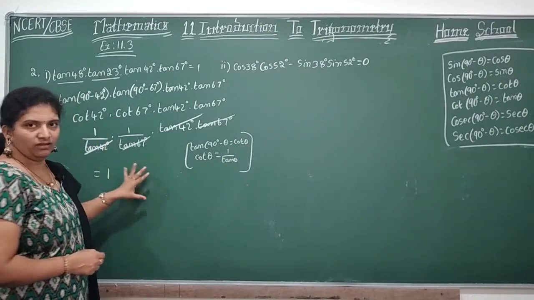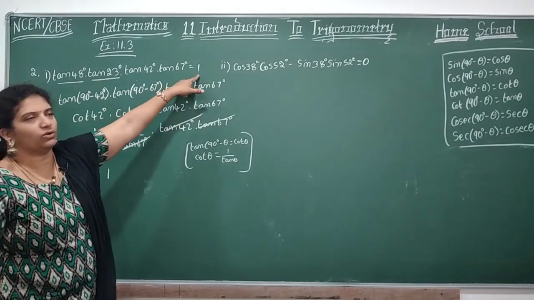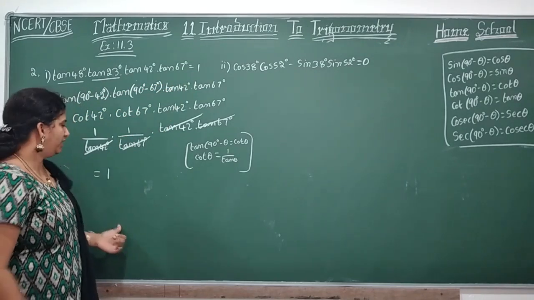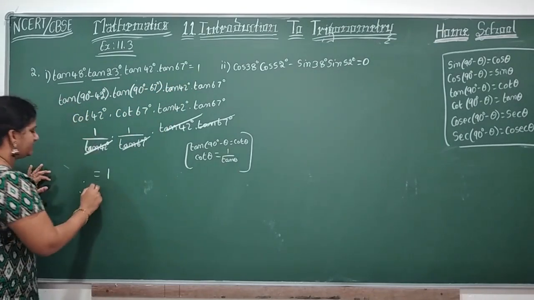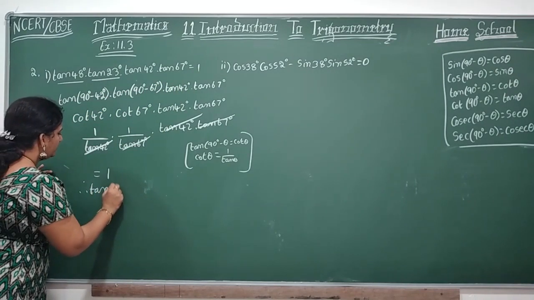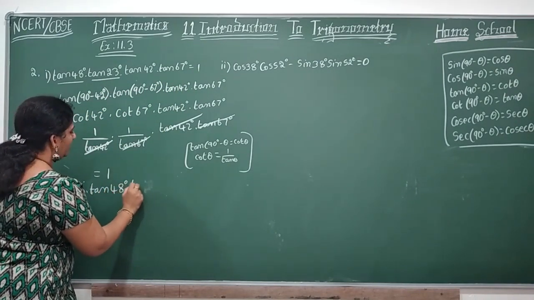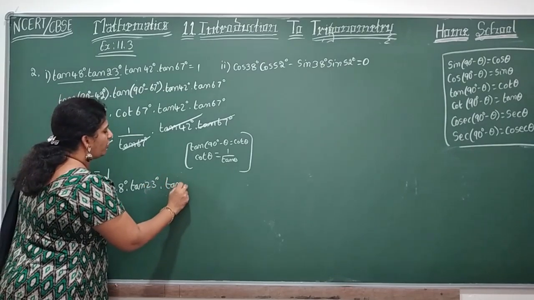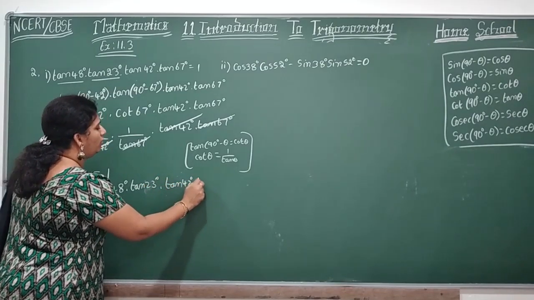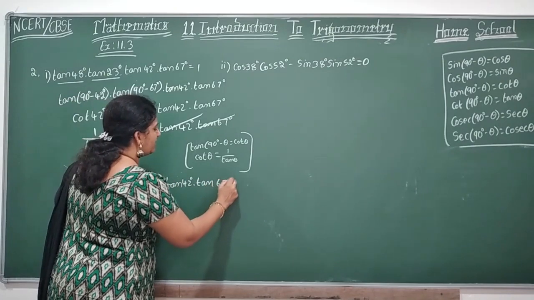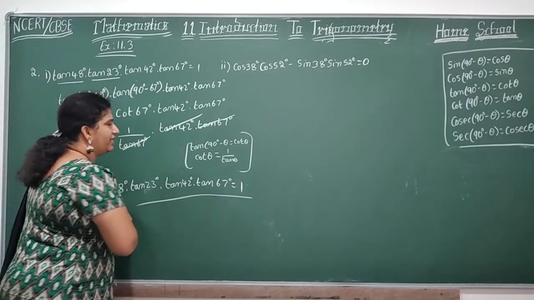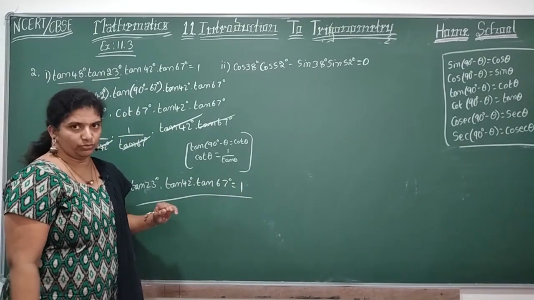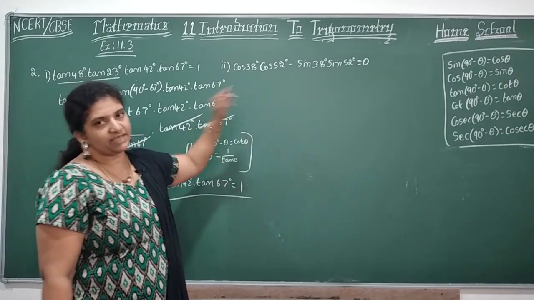Is this clear? Hence, this equals 1, it is proved. Therefore, final answer: tan 48 degree into tan 23 degree into tan 42 degree into tan 67 degree equals 1. Hence it is proved. So similar pattern, second sub question.